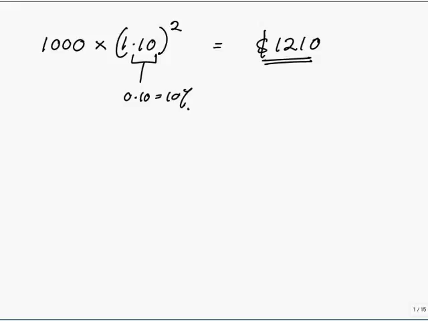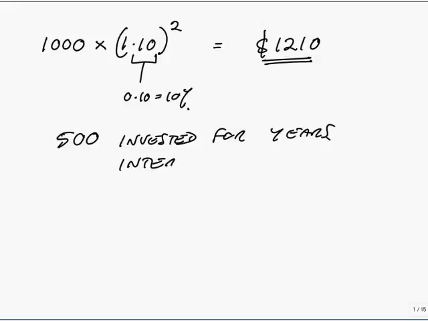Could you do this for me, please? Suppose it was 500 invested for 4 years. The interest is 12% per annum. How much would it be at the end of 4 years? 4 years, not for years.